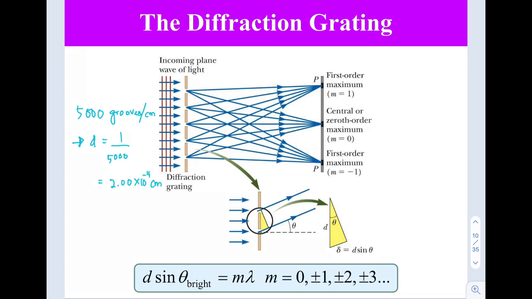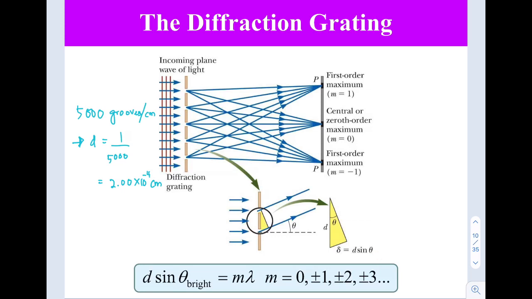The waves from all slits are in phase as they leave the slits, right? For an arbitrary direction theta measured from the horizontal, however, the waves must travel different paths. The path difference delta between rays from any two adjacent slits is equal to d sine theta.